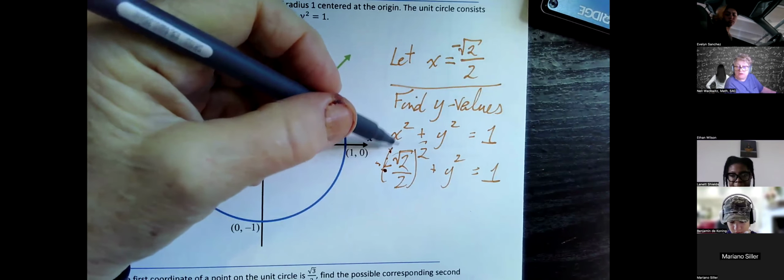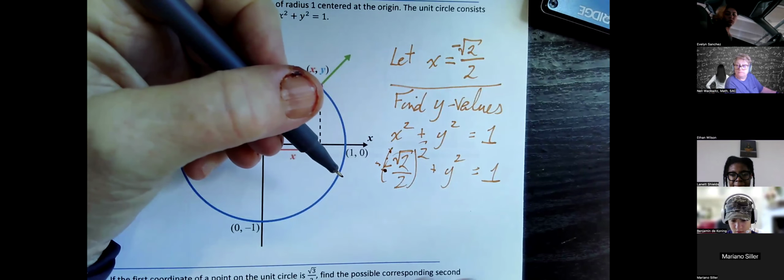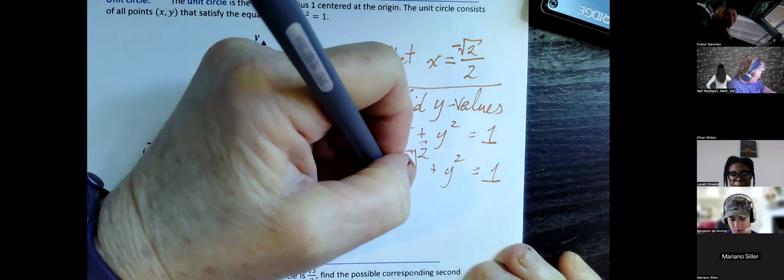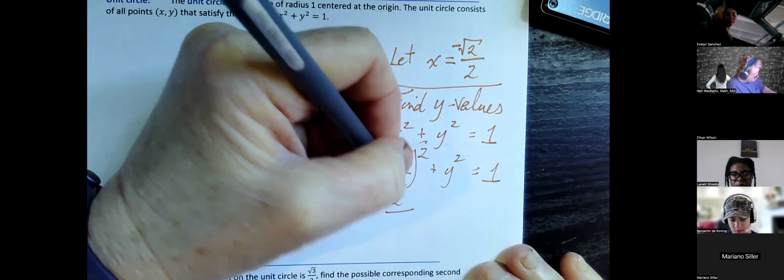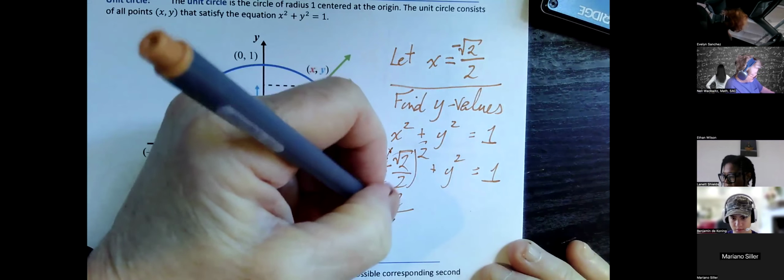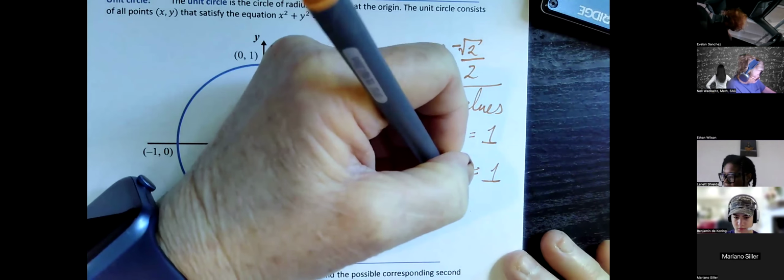Square root of 2 squared? 2. And 2 squared? 4. All right. And this is the same as 1/2.